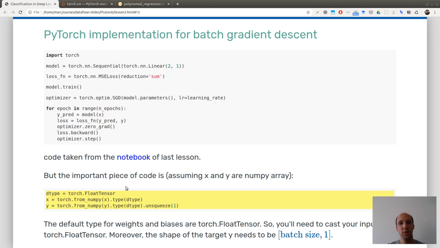But if you want to use the MSE loss of PyTorch, then MSE loss is expecting something of the shape batch size by 1. Which mathematically does not make any difference with just a vector of size batch size, but is important in order for your code to run. So this unsqueeze(1) is just adding, if you want, a dummy dimension to your y vector.